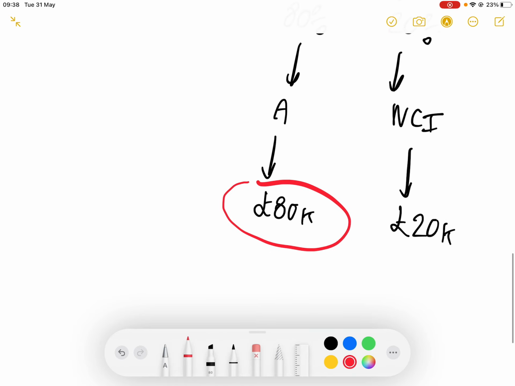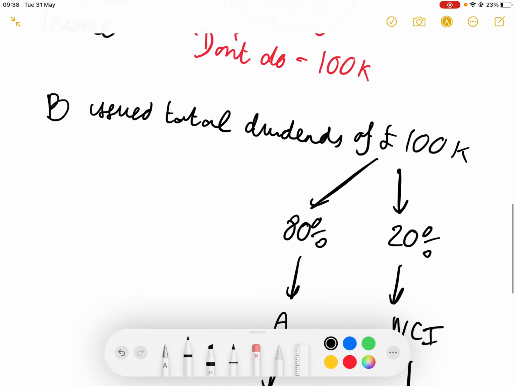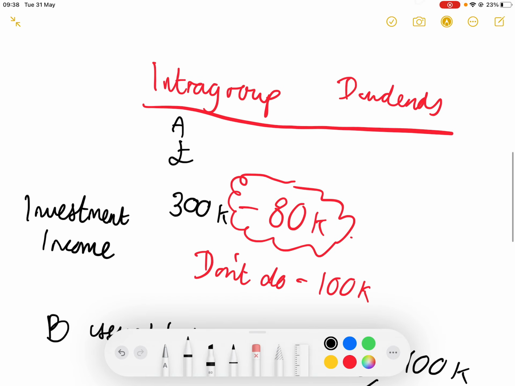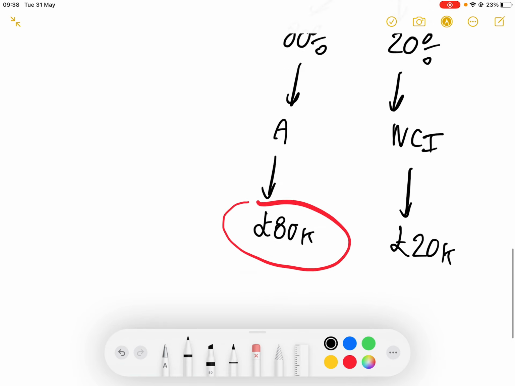Okay. Now, another point I want to make about this is that the adjustment doesn't impact consolidated retained earnings. Right, we're going to explain why.